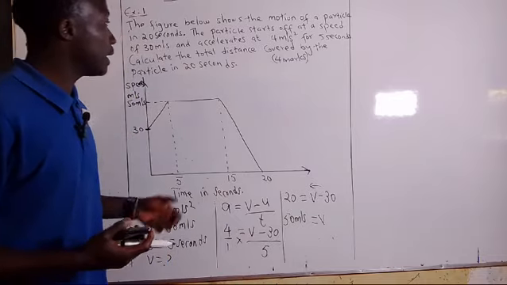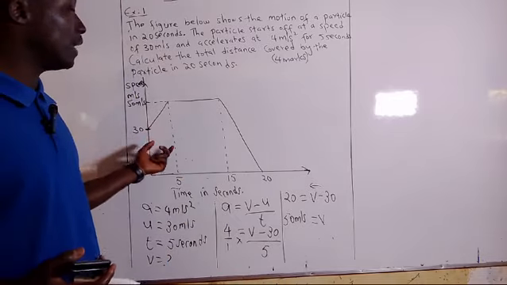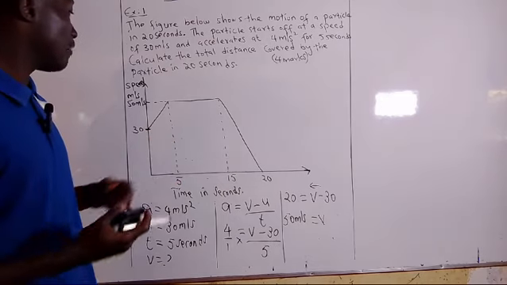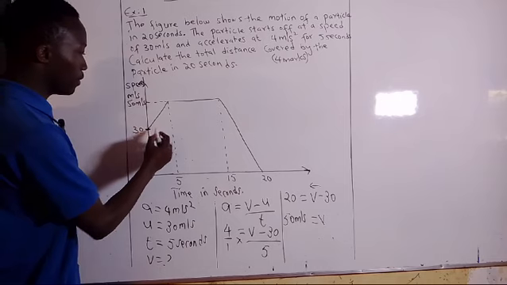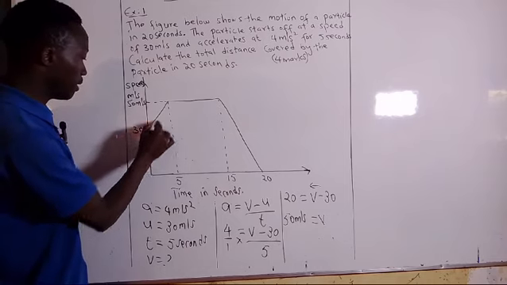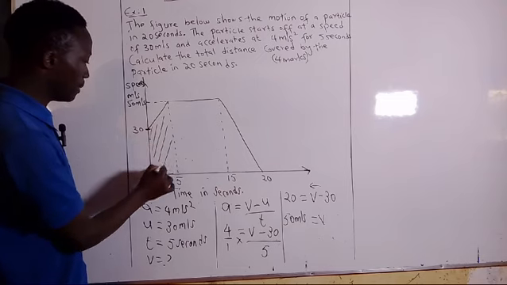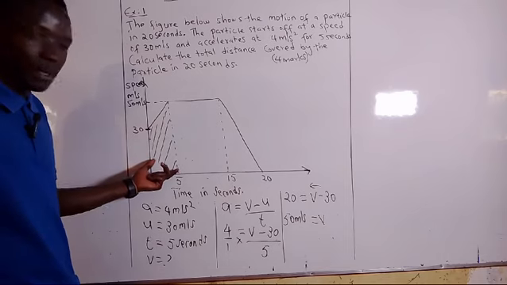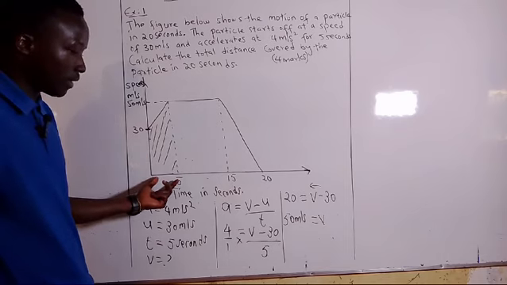For us to determine the distance covered, we need to find the area bounded below within the graph. So we have a trapezium here. If you check this very well, this is a trapezium on its own. When we find the area of this trapezium, we have found the distance for the first 5 seconds.